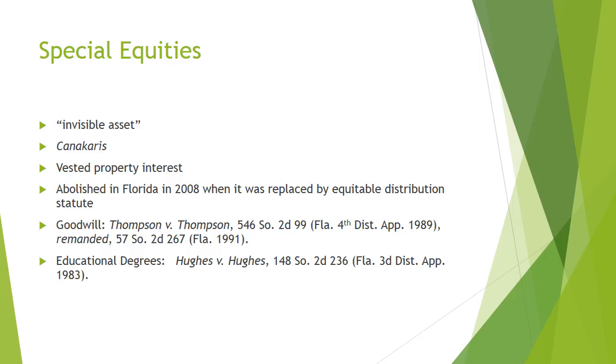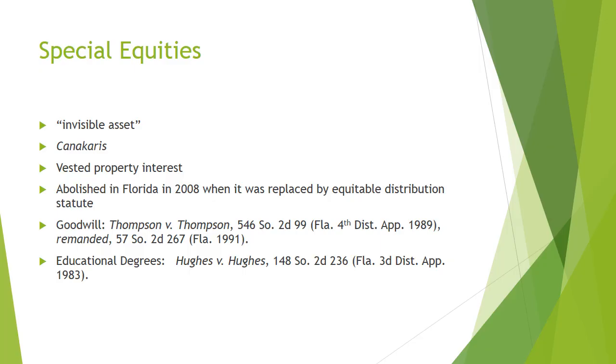So special equity plays a role similar to that of the doctrines of beneficial interest, equitable title, or constructive trust, like our case of Marvin versus Marvin. These prevail in other areas of the law, and we recognize an ownership interest in property titled in the name of another when the conscience of the court requires it.